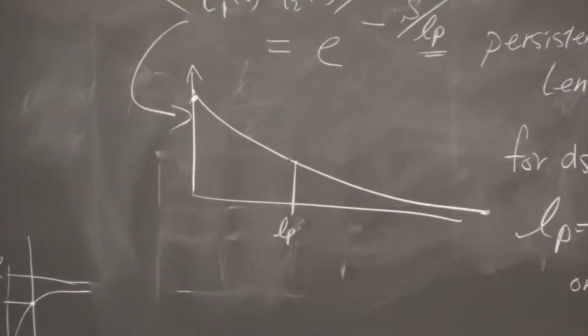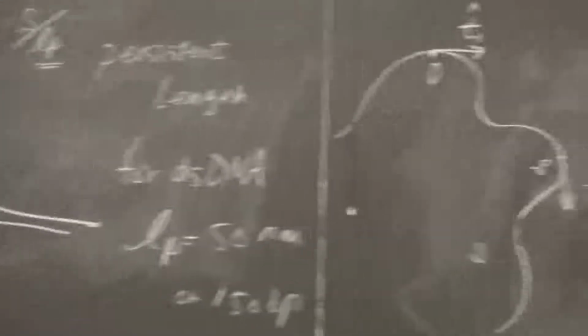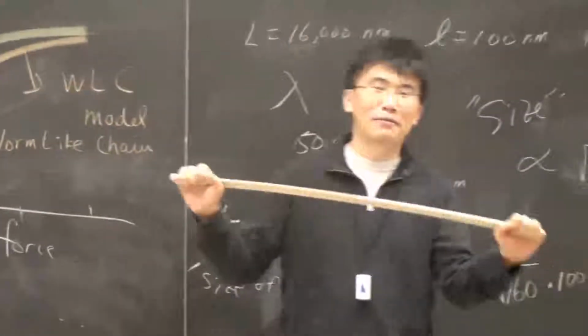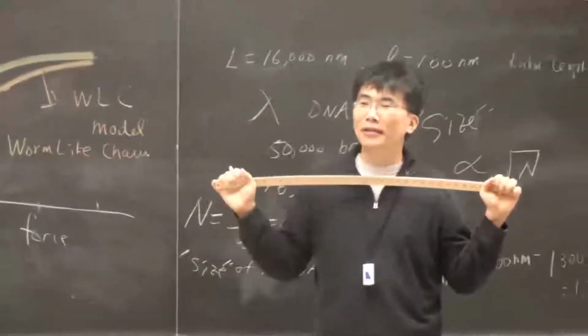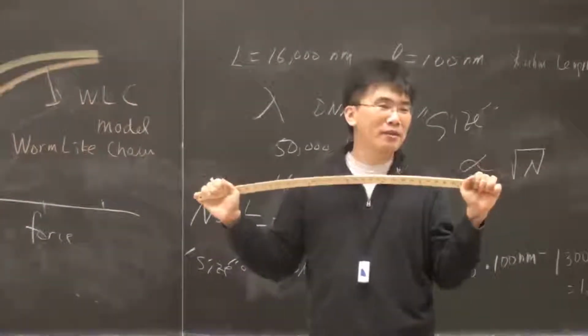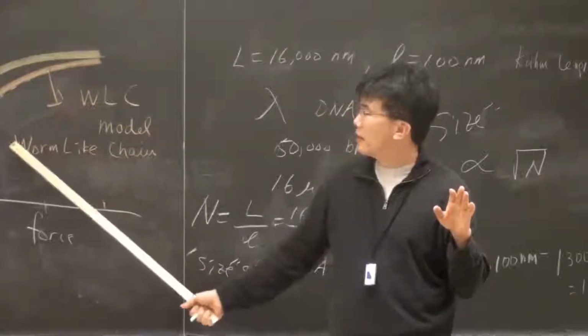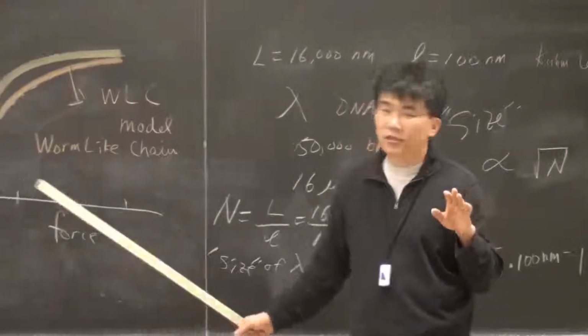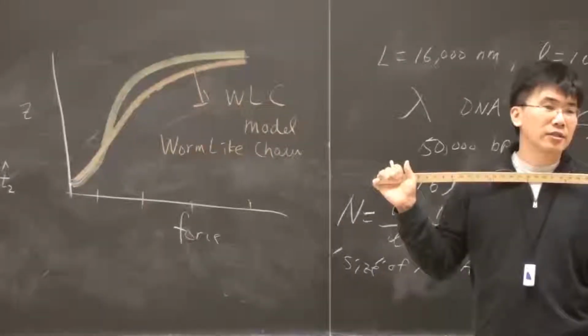So that kind of makes sense, right? And yeah. So if you use this model and then do some approximation, you can get a really beautiful fit to this curve. And again, what's amazing about this is that DNA is a complex chemical molecule. I told you about 5 prime, 3 prime, 1 prime, 2 prime hydroxyl, 3 prime phosphate. All these things are there, but you don't even have to know anything about this to explain this high quality data over such a large range.